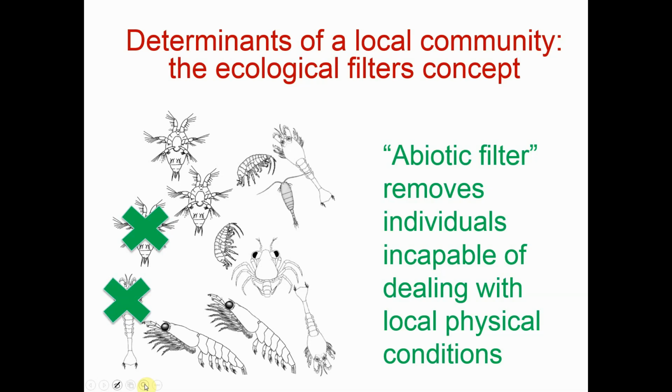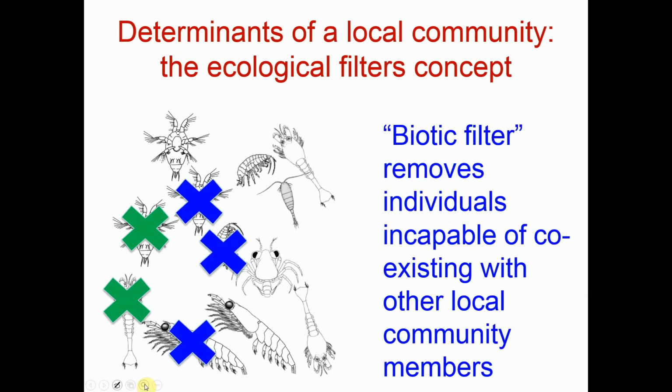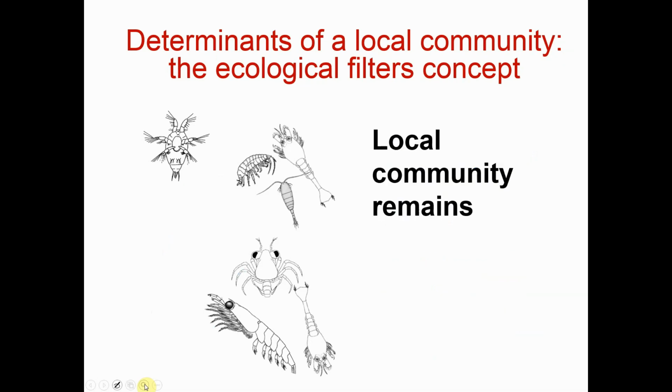After the abiotic filter, we then have the biotic filter, and this removes individuals incapable of coexisting with other local community members. From this, our local community remains. So this is just applying the basic filters concept to a community of marine organisms.